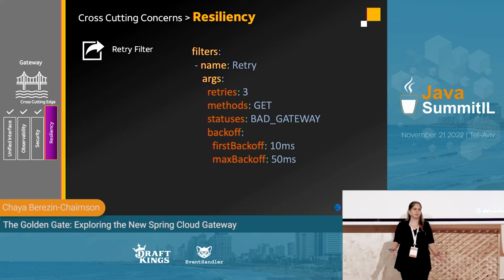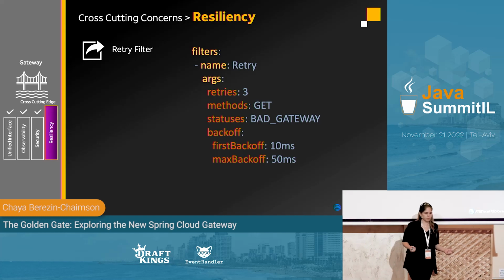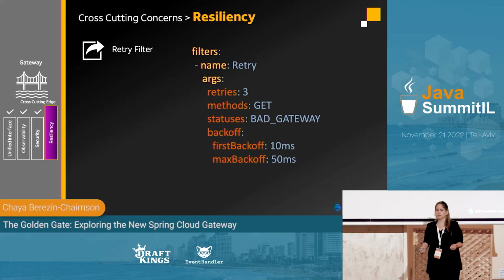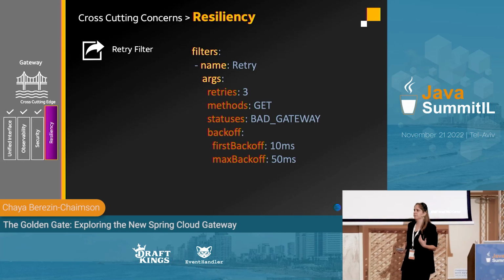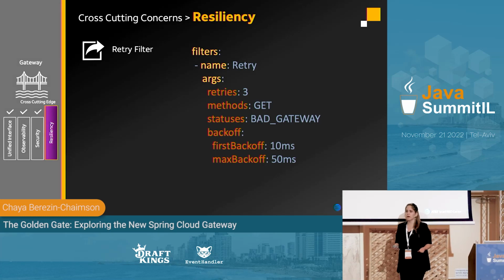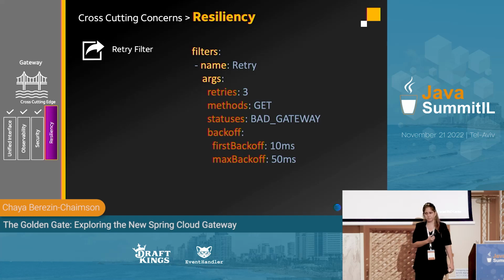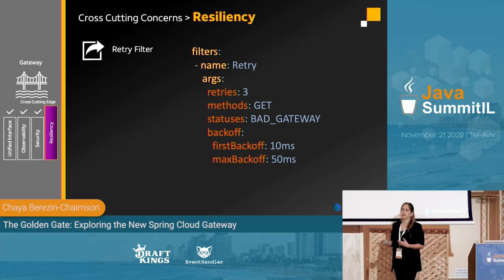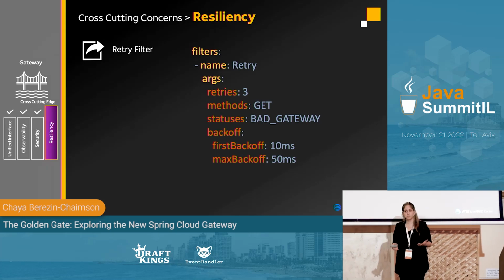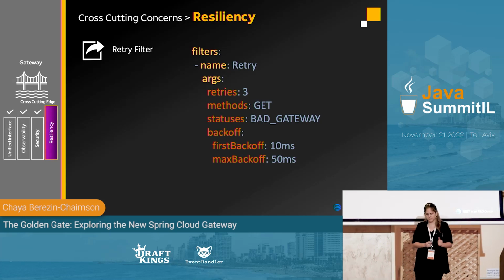Now, the retry pattern is a great solution for temporary unavailability, but sometimes the service may be unavailable or unstable for a longer time, right? So after a few retries, it will still return an error response that we will eventually propagate to the client.